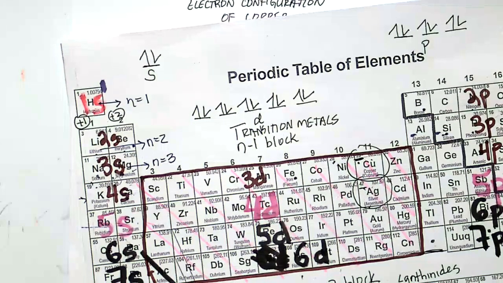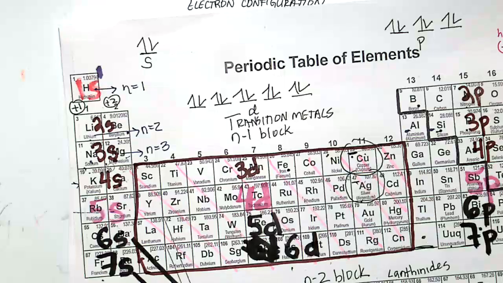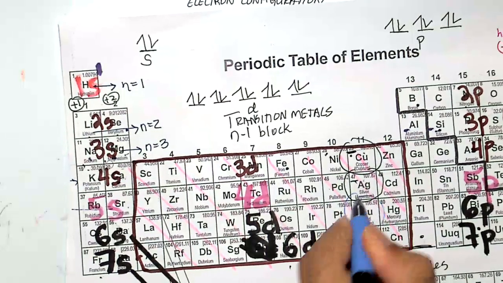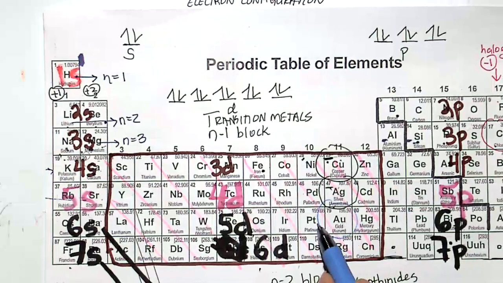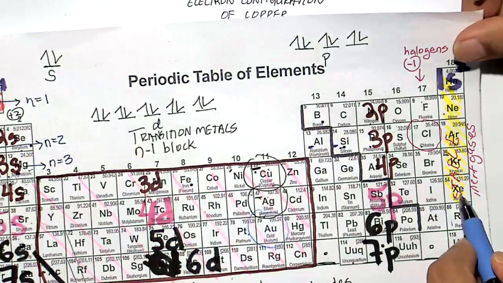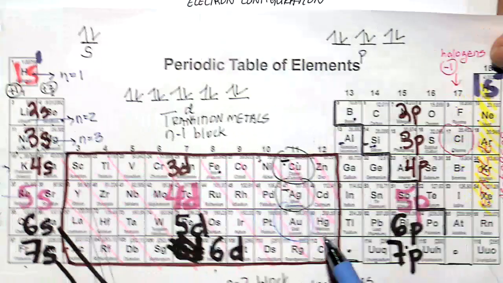Finally, what do you guys think gold would be? Gold. Okay. So we have 79 electrons. 54 will go and march the same way as xenon.